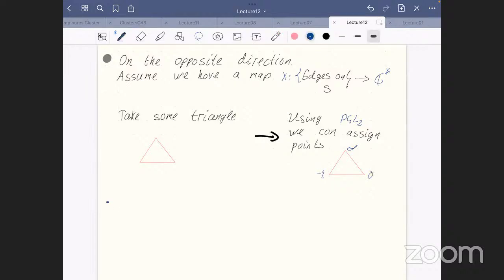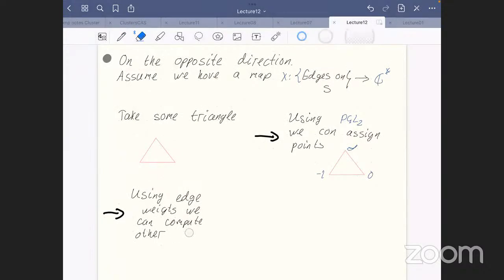Then, using the H weights, we can compute the other points. Let me denote the letter U; we can compute U. What do I mean?